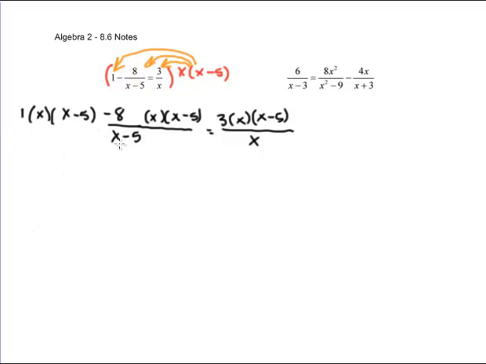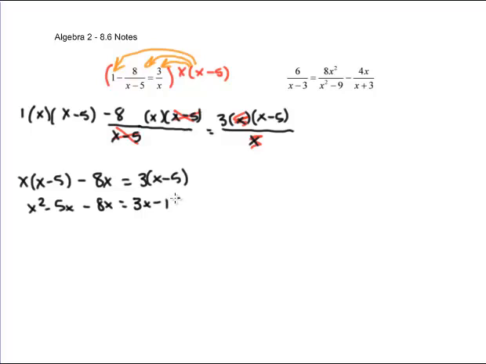If you've got it on the top and on the bottom and it's a grouping, it gets reduced out, divided out. It's gone. And so my entire fraction disappears and I'm left with x times (x minus 5) minus 8x equals 3 times (x minus 5). And so this is x squared minus 5x minus 8x equals 3x minus 15.